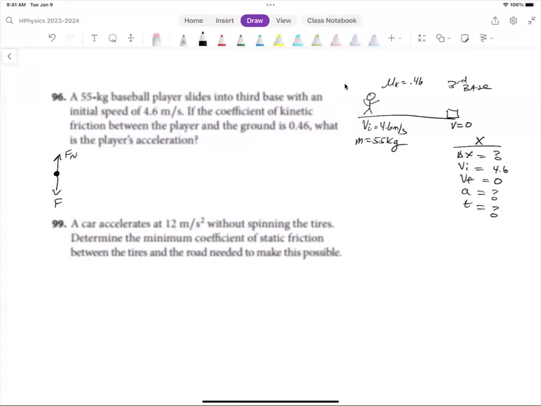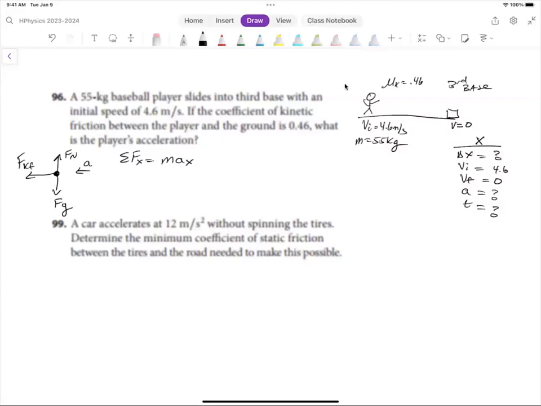So here's a free body diagram of the player as he slides. The only force acting on him is force of kinetic friction. So we know that acceleration has to be to the left, and we can find it. We can sum the forces in the x direction. Mass of the player times the acceleration is equal to the sum of all those forces.